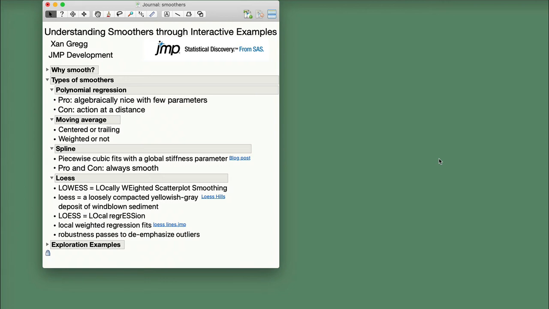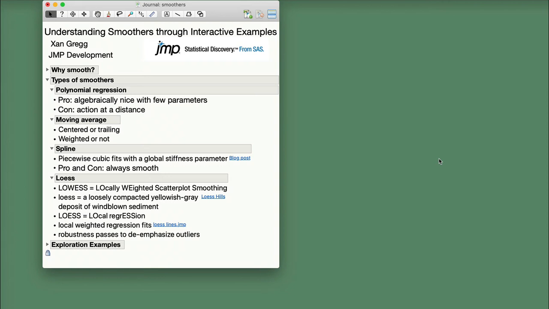But it can happen, for instance, when some new law goes into effect and it categorically changes some economic variable that's being measured. In that case, you probably shouldn't have one smoother that fits the whole thing, but that does happen. So that is something to be aware of. A spline smoother is always going to be smooth.